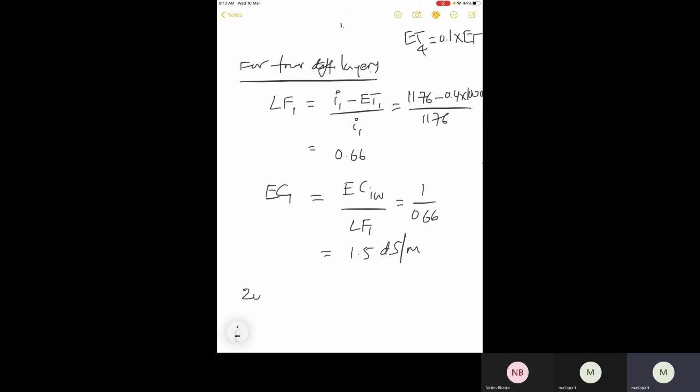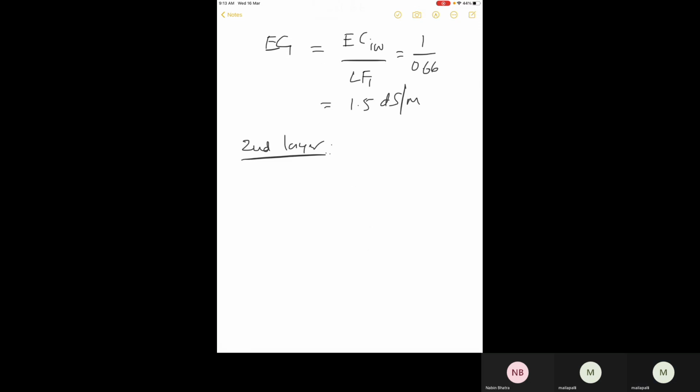Let's say the second layer. This is the first layer. Okay, for the second layer, we have to do the same thing. Find out what LF2 is. So LF2 will be equal to, what is the infiltration which is coming from the top layer?